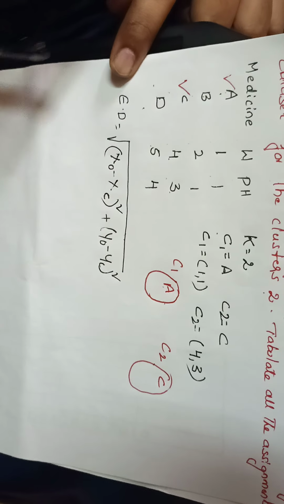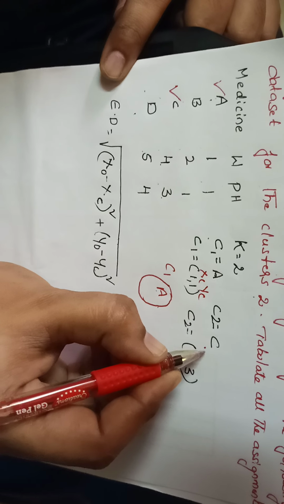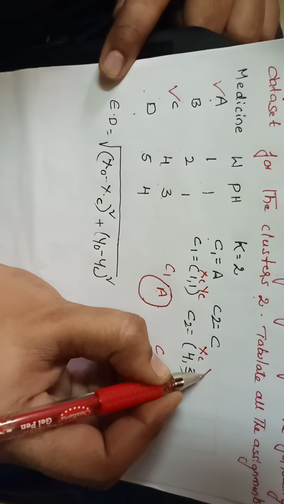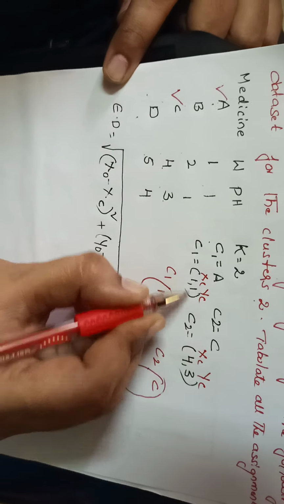So what is the observed value, and what are the x centroid values here? XC, YC for the centroid of cluster C1, and XC, YC for cluster C2. These are the centroid values. What is the observed value here for B?